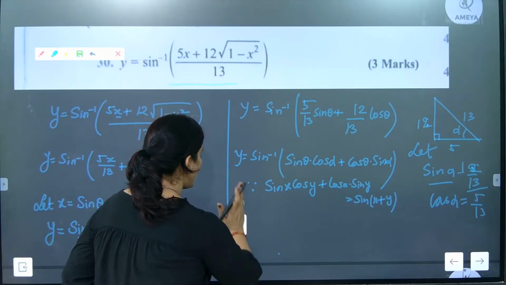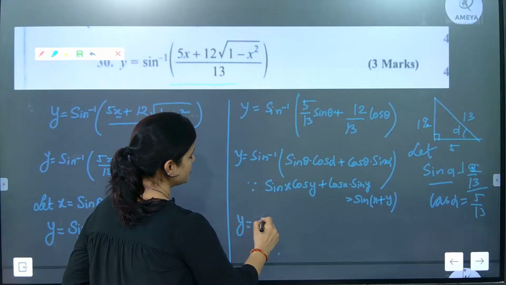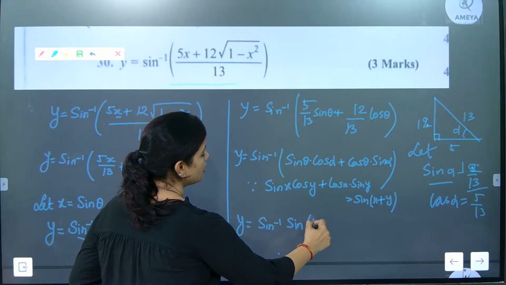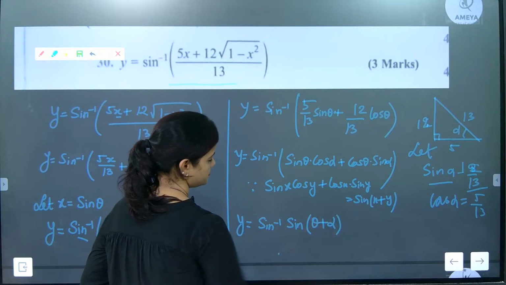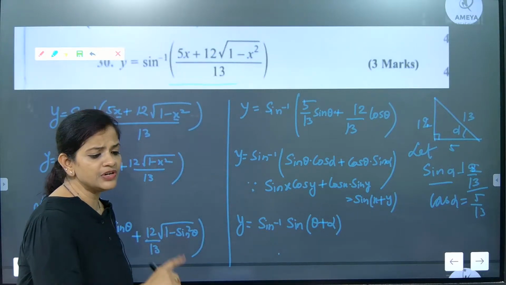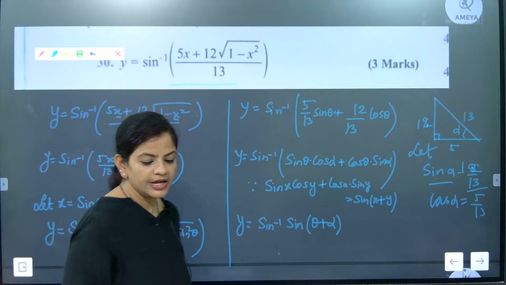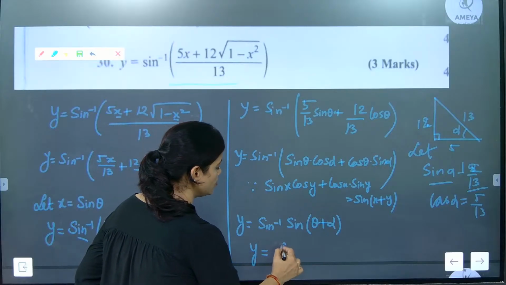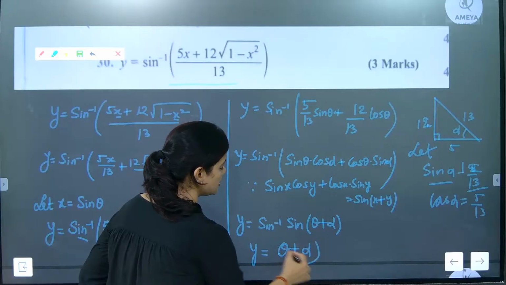So now look here, y is equal to sine inverse sine of theta plus alpha. Now inverse and sine will get cancelled. What is coming is y is equal to theta plus alpha.